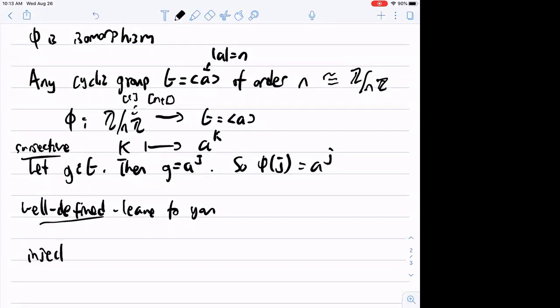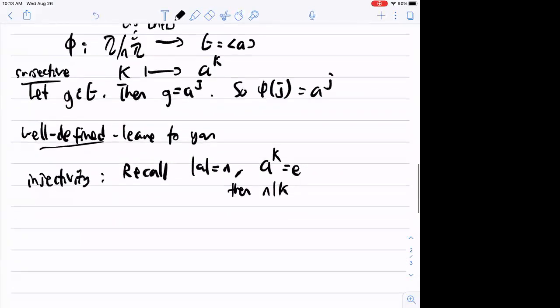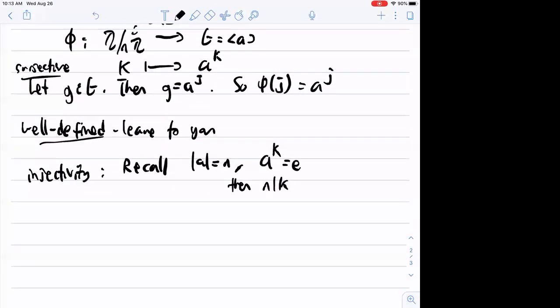And then injectivity. This is a bit harder. Recall we had that theorem: if the order of A is n and A to some power k is e, then n divides k. Hopefully you all remember that. That's what we're going to use. Suppose a to the k equals a to the j.